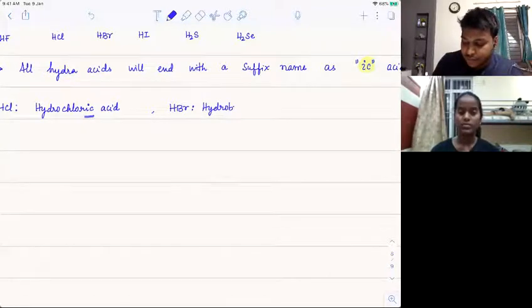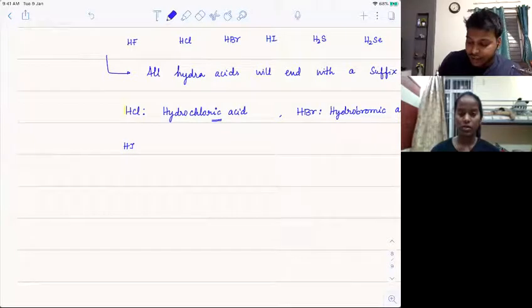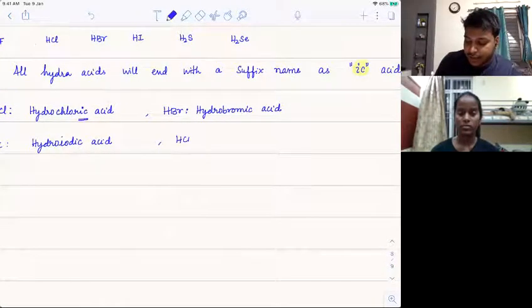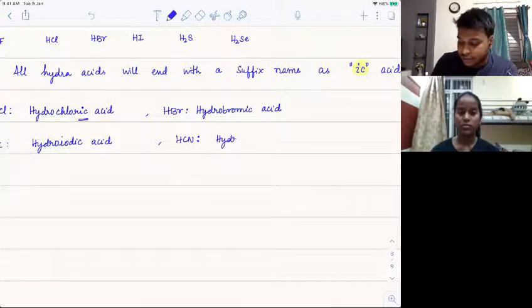Bromide. Hydrobromic acid. Similarly, if you have HI, it is hydroiodic acid. If you have HCN, CN is cyanide, so it is called hydrocyanic acid.